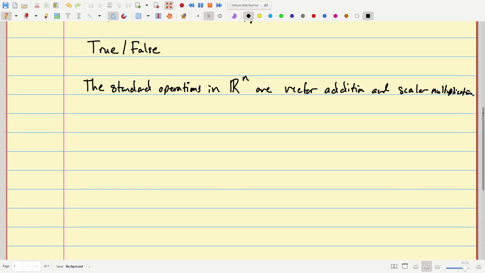Okay. So true or false? The standard operations in Rn are vector addition and scalar multiplication. True or false?